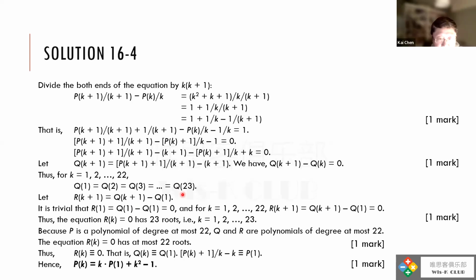What does it mean? It means that r is 0, so it's always 0. And then we can just say, okay, q is q1, so qk is always q1. And then back to the pk, we got pk, this formula is p1.